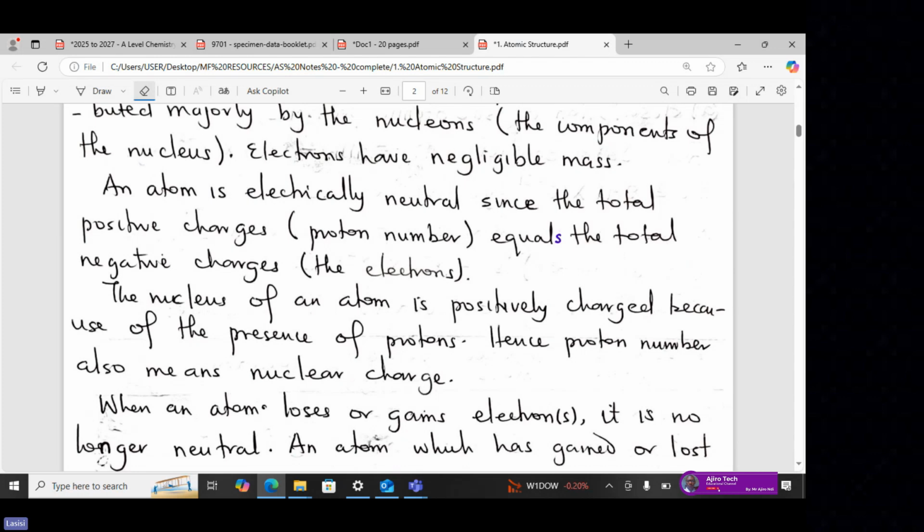Is that okay? So question 1, what's the charge of an atom? Neutral. It's neutrally charged because it contains an equal number of protons and electrons, right?